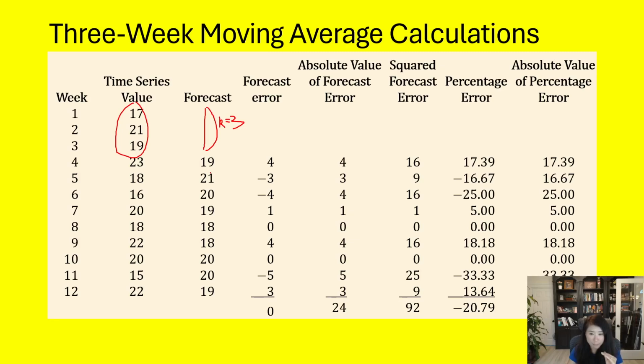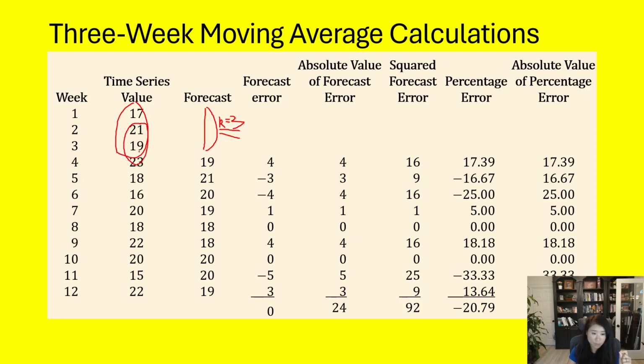Okay, how did I get 21? Again, we call it moving average. We are moving. So instead of using all the past historical values, weeks 1, 2, 3, 4, I keep my period the same. I only use 3 periods ahead of my forecast. So in week 5, the 3 periods prior will be weeks 2, 3, and 4.